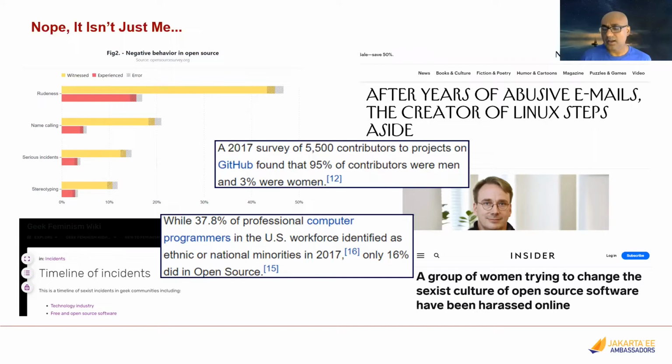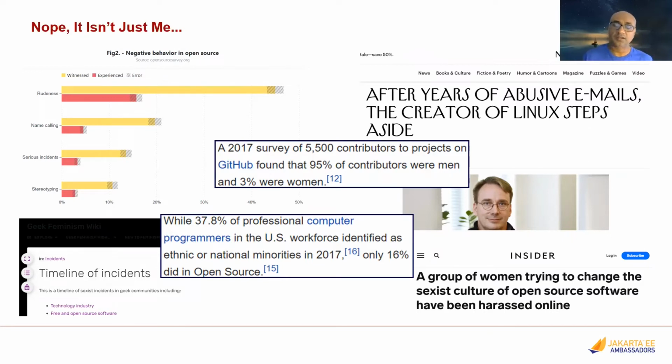And all of that ultimately has a net impact. If you look at, for example, a GitHub survey that I referenced here, 95% of the contributions that are happening on GitHub are from men. Okay, 3% are women.